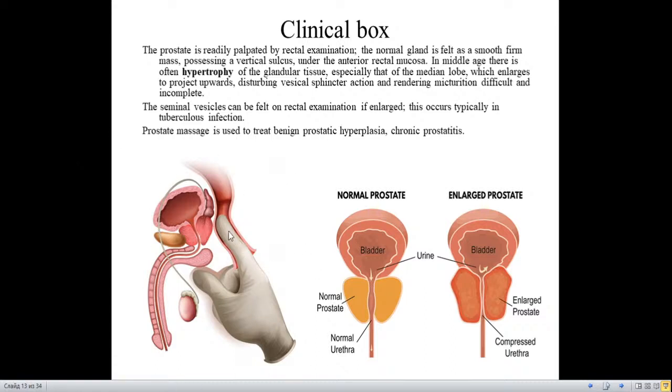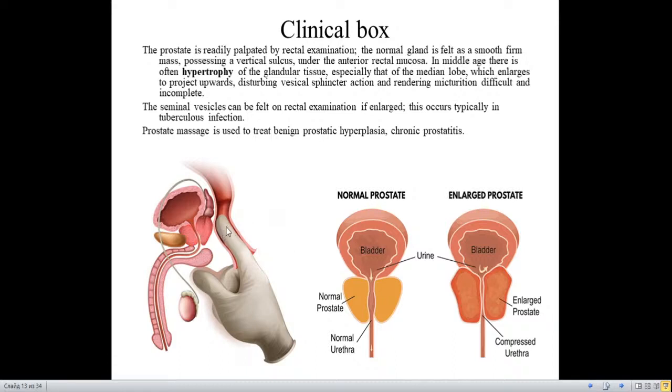You see the doctor inserts a finger into the rectum and through the very soft anterior wall of the rectum he can feel and palpate the prostate gland and seminal vesicles. Normally, the surface of the prostate gland is smooth. So if the doctor feels by finger that it is rough, with some bulgings, elevations or something else, it means something goes wrong with the prostate gland and it requires more precise diagnostic attention.